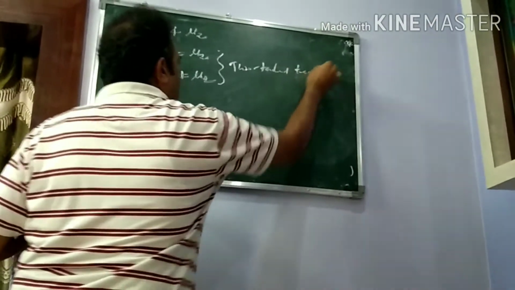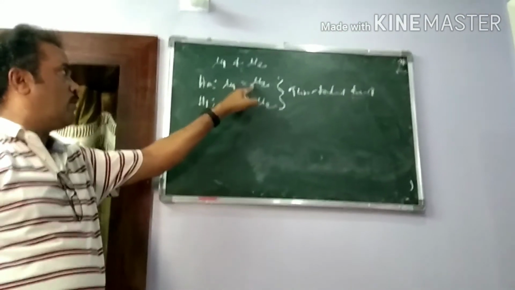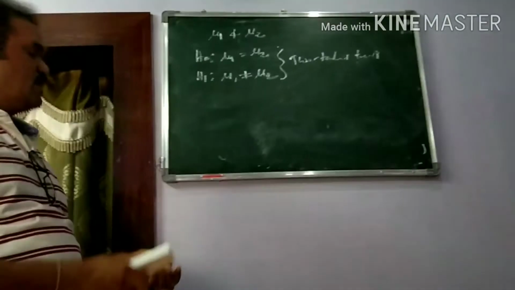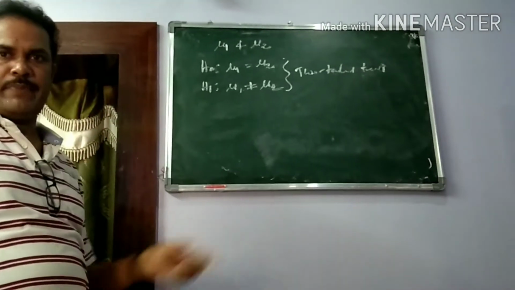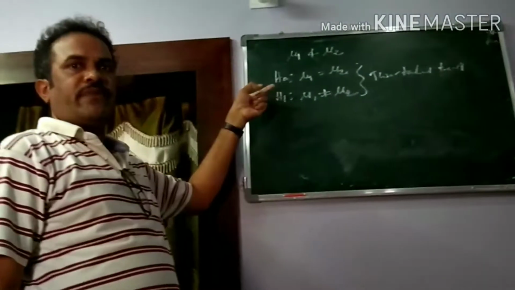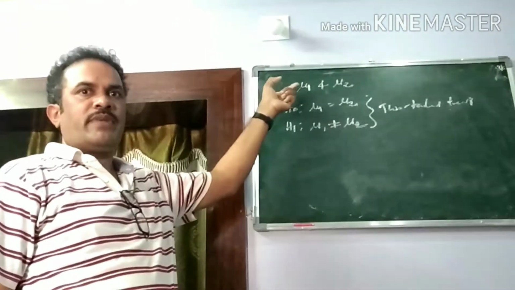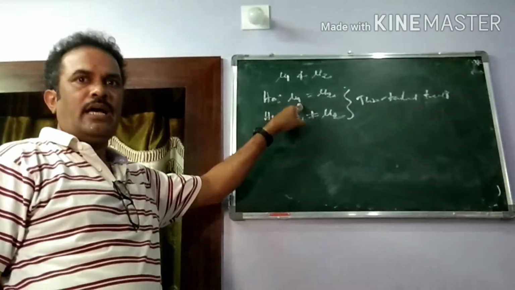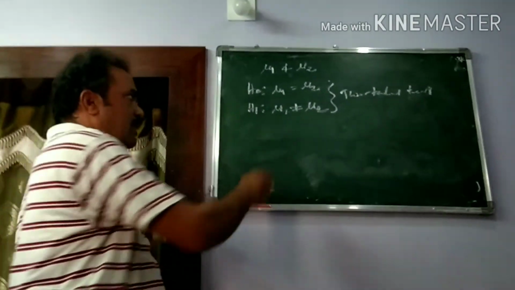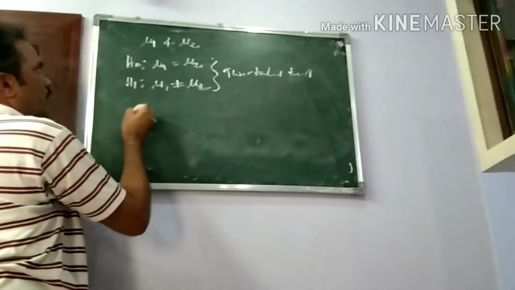We have observed the null hypothesis is always fixed: mu1 equal to mu2 or mu equal to mu naught. So the null hypothesis is always the no-difference statement about the population parameters, or not significant about the population parameters. But the alternate hypothesis changes. For the two-tailed test, it is mu1 not equal to mu2.